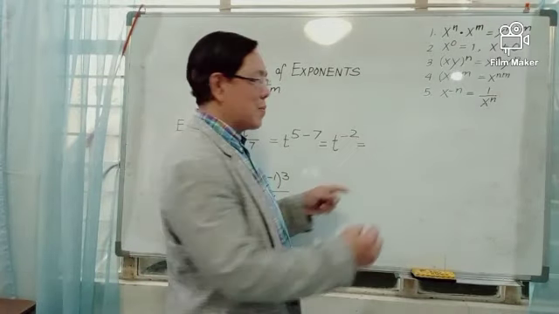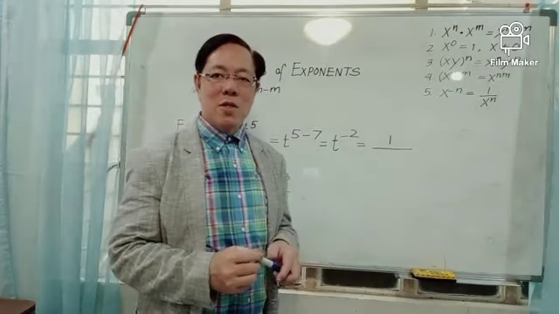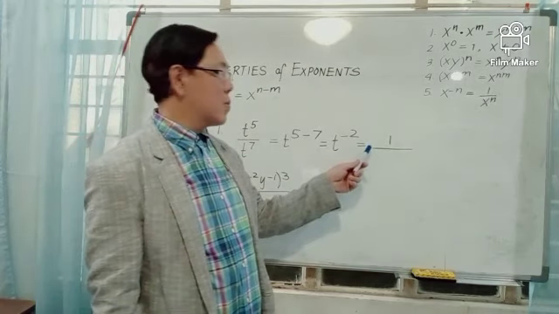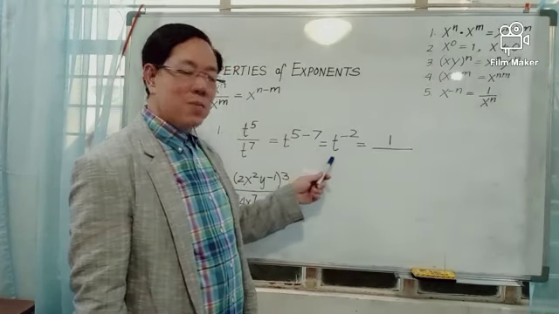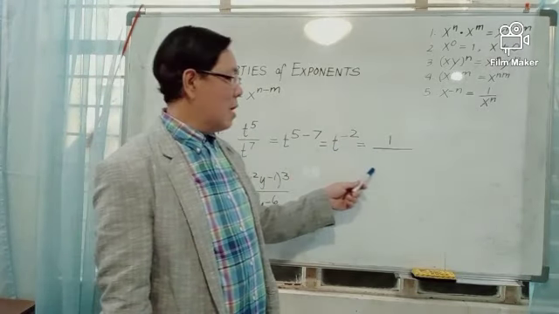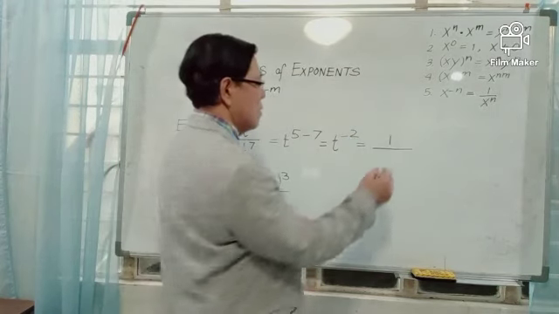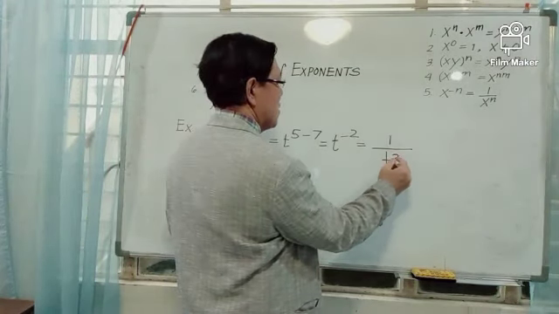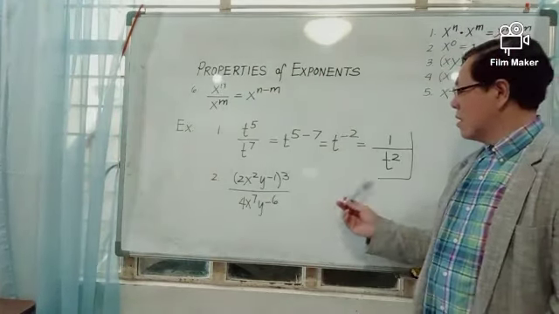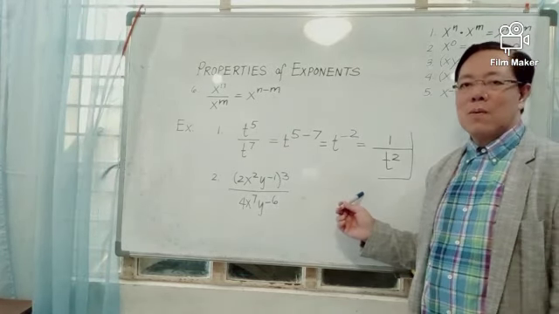Hence, t to the negative 2 equals 1 over t to the power 2. The numerator is 1 because the numerical coefficient of t to the negative 2 is positive 1, and we bring this to the denominator, taking the opposite sign of negative 2. We write t to the power 2. And this is the simplified form of example 1.